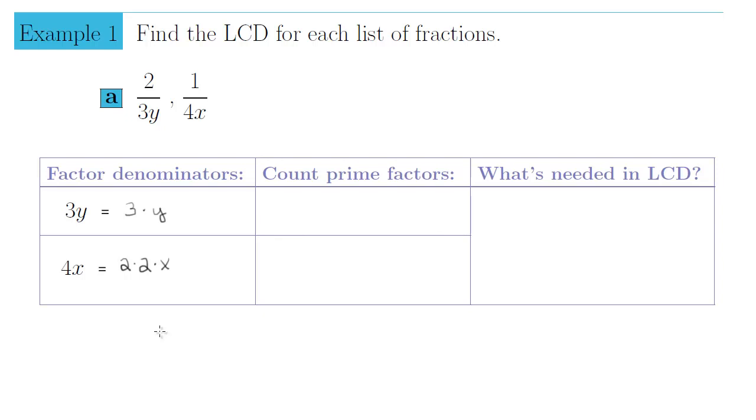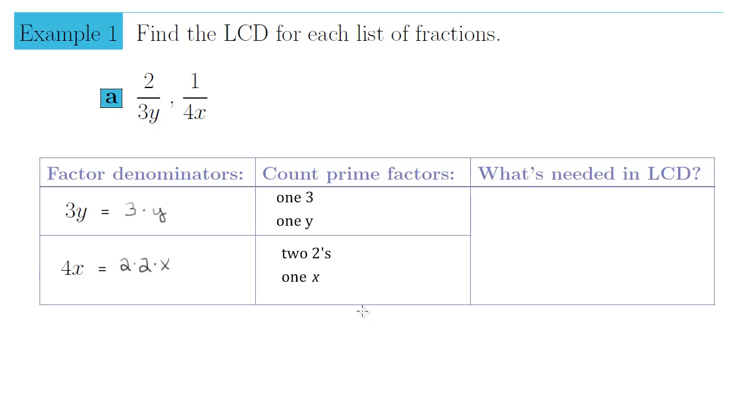Now we count the prime factors in any given factorization. Notice we have 1 3 and 1 y in our first factorization. And we have 2 2's and 1 x in our second factorization. Now, what's needed in our LCD?